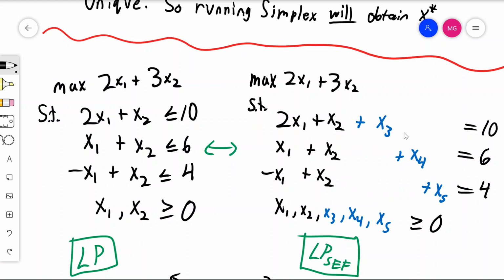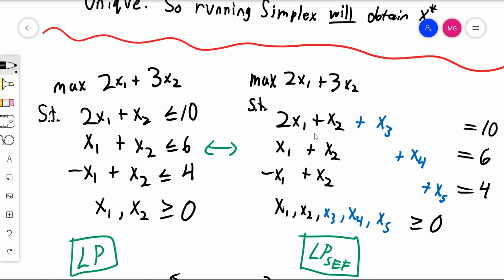So those are the matrix equality constraints, and then these are also, you can write them as less than or equal to constraints, but since they're already variable non-negativity constraints, just keep them like that, because standard equality form requires that all the variables are non-negative. So here's x1 and x2 again, and then also for these x3, x4, and x5 variables, they're also non-negative, because that's the constraint that we need to be in standard equality form.